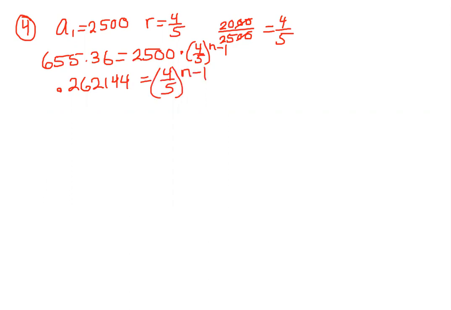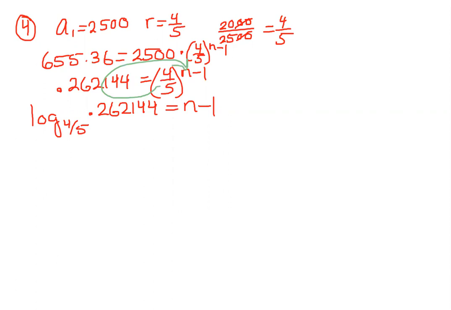If I was going to solve this, I'd go ahead and do that log thing, and I'd say log base 4/5 of 0.262144 equals n minus 1. Okay, I would do the round the world and then do that on my calculator.